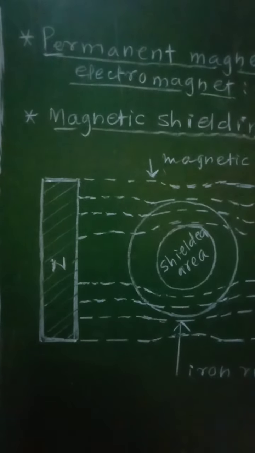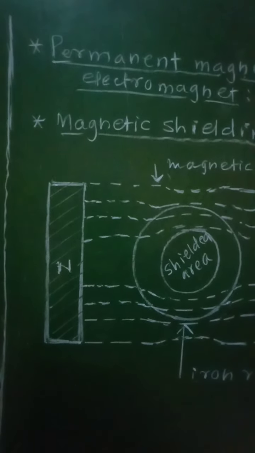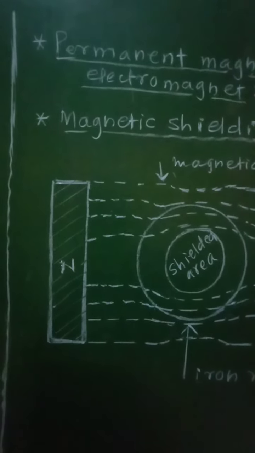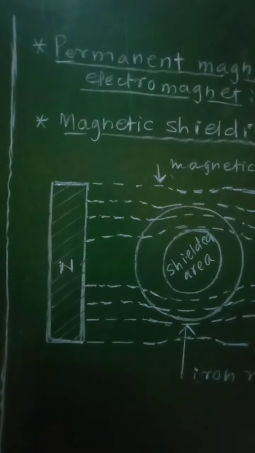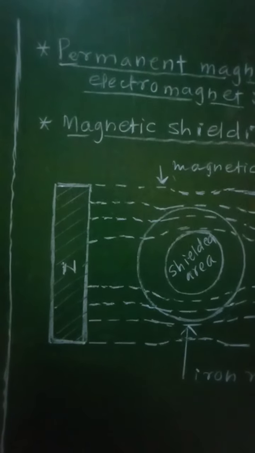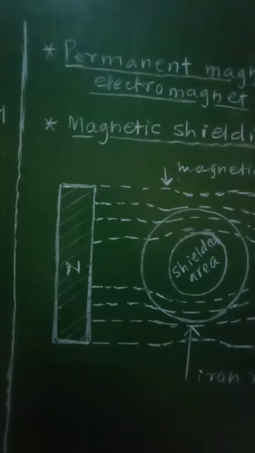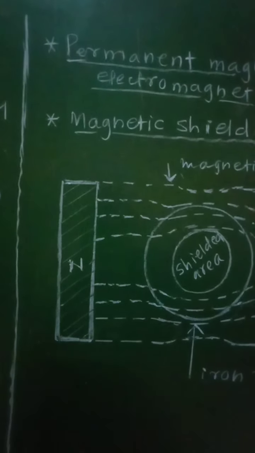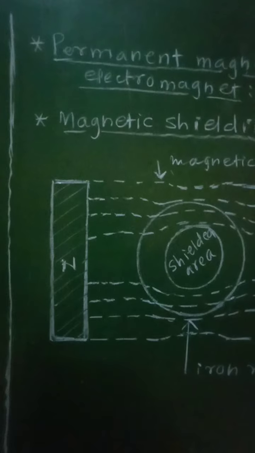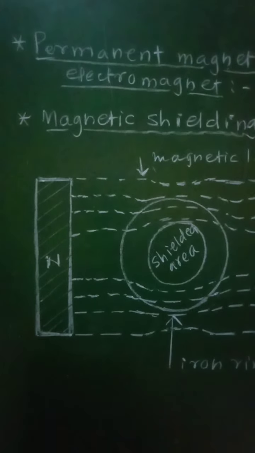When the current in the solenoid is switched off, the magnetic field becomes zero. These electromagnets are used in electric bells, loudspeakers, circuit breakers and research laboratories. Giant electromagnets are used in cranes for lifting heavy iron materials.